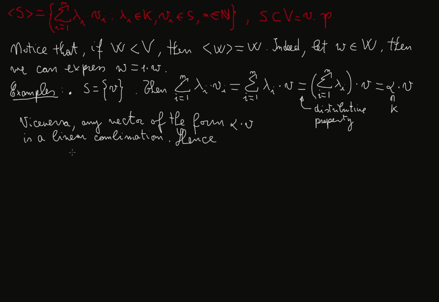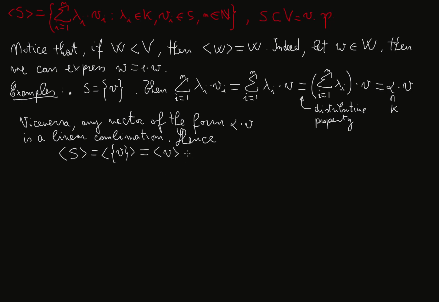So in this case we have that this vector space, which should be denoted as this, because the set S is just this, but for abuse of notation we'll just denote it with, sorry, this.